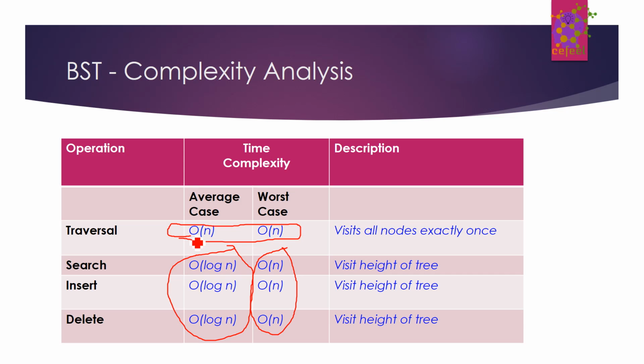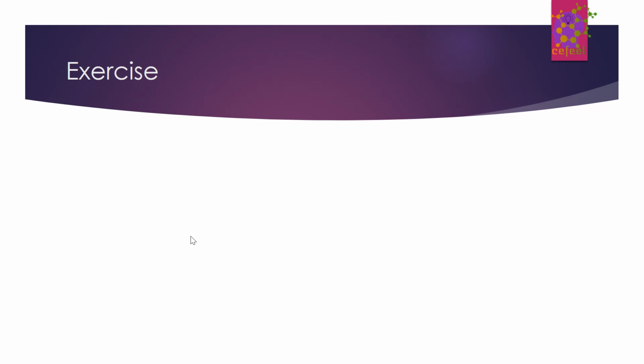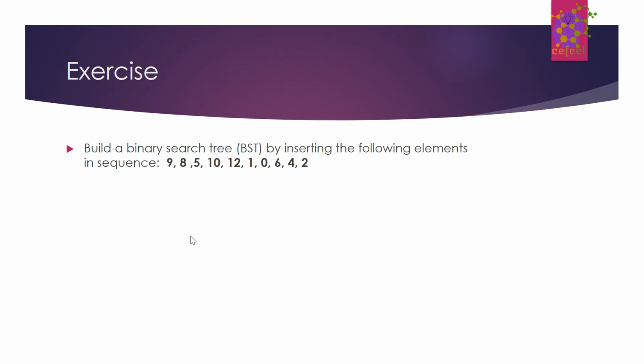We have reached the end of the video now, and before we end, here is an exercise for you guys for the binary search tree. We are given a number of values, and assuming that the binary search tree is initially empty, insert the following elements in order one by one: 9, 8, 5, 10, 12, 1, 0, 6, 4, 2.